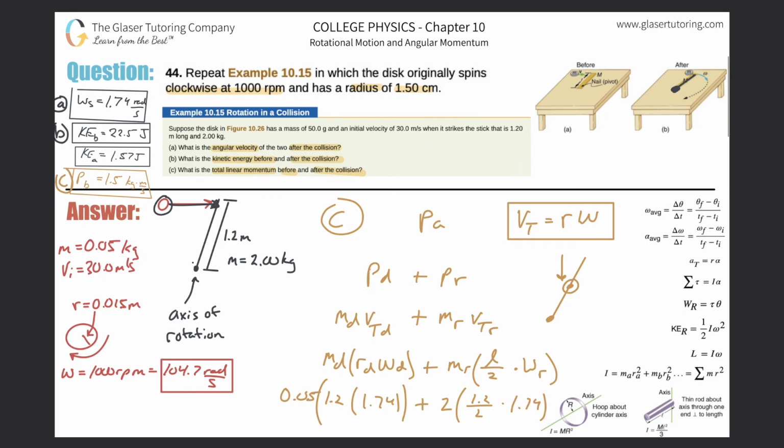Using the rounded value we get about 1.9, but if you use the more exact value, it should be about 2.2. So the final answer here, the linear momentum after the collision, is going to be 2.20 kilogram meter per second. And that takes care of that, ladies and gentlemen.